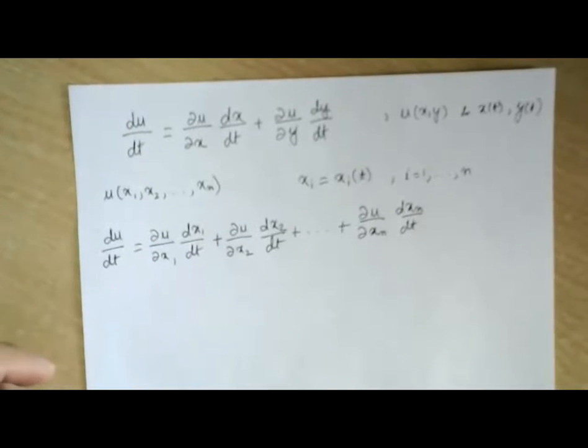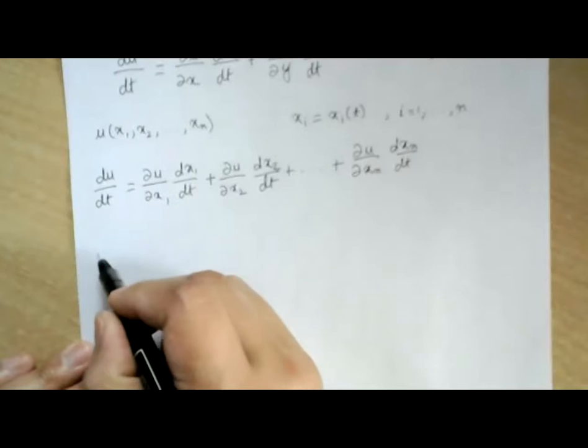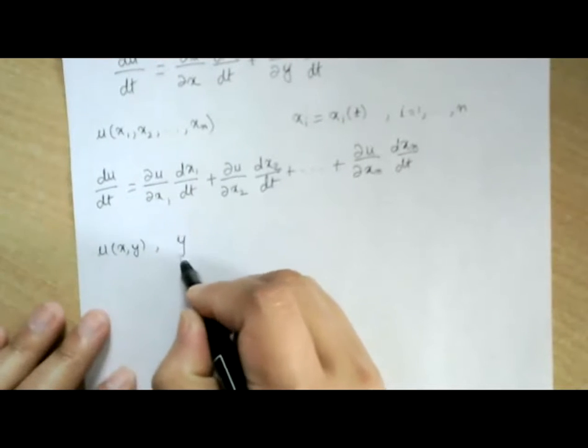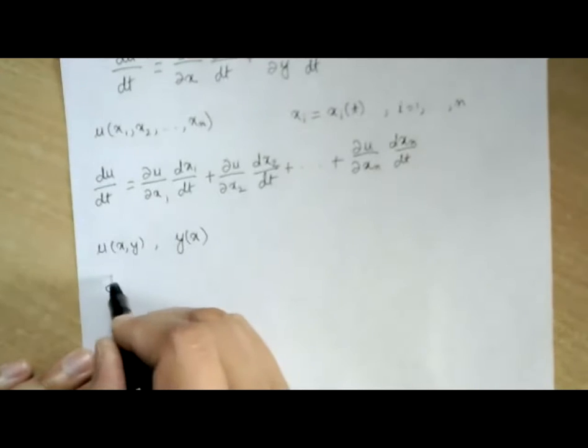As a special case of this, we considered what happens if y is a function of x. For example, u is a function of x and y, and y is a function of x. In this case, what will be du by dx?